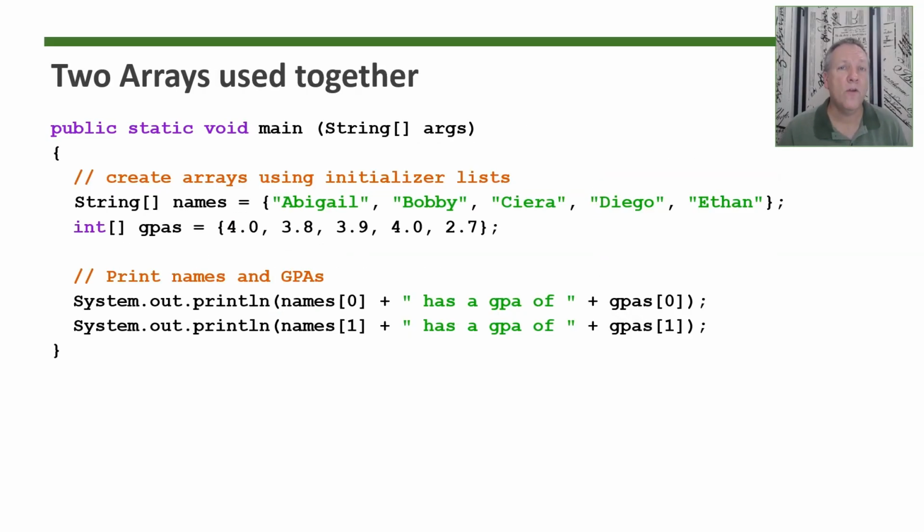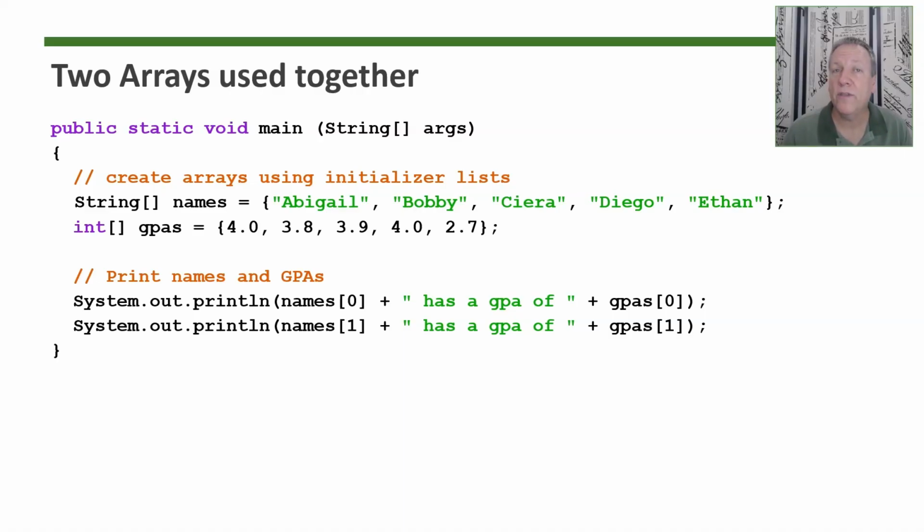So another way we can use arrays is, what if we have two arrays together and we have what we call parallel arrays, or arrays that have corresponding values with matching index numbers? So here I have two arrays created. I have an array of strings called names, and then I have another array called GPAs that has corresponding GPAs for each element of the names array.